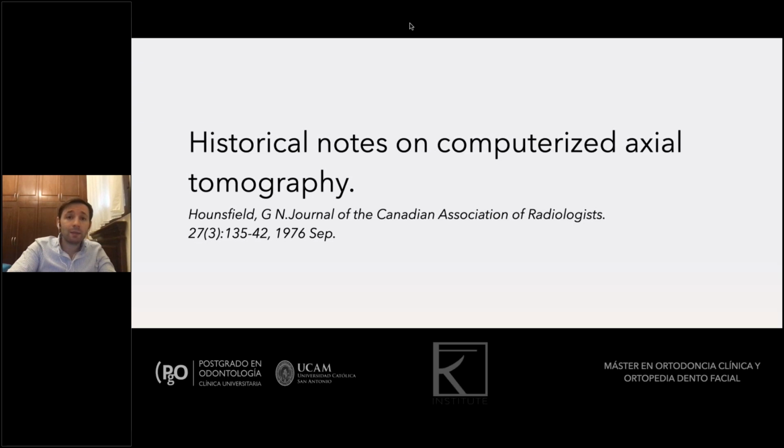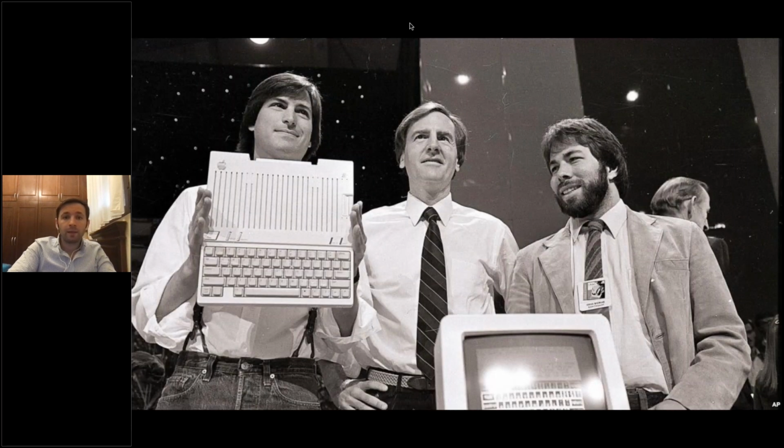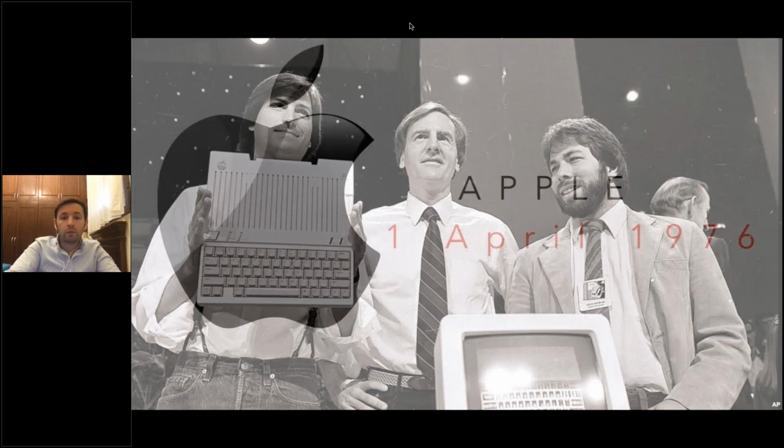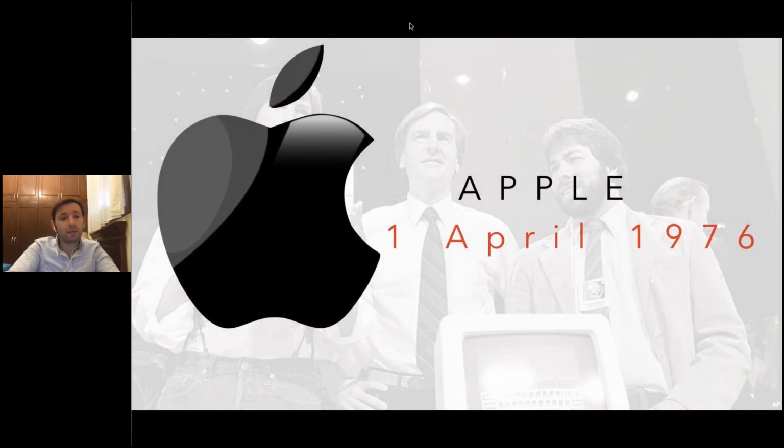And in 1976, Hounsfield was the one who wrote the historical notes on computerized axial tomography. The same year, maybe you can recognize this, that guy is Steve Jobs. On the 1st of April of 1976, Apple was born in the USA as a company.